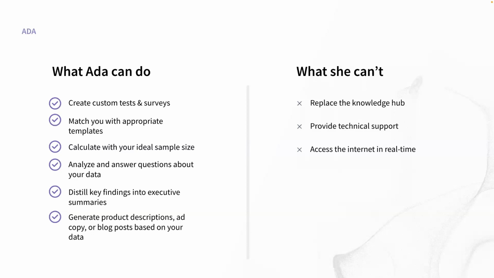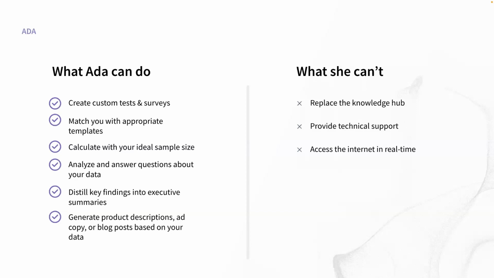Ada can help create tests and surveys completely from scratch, match you with appropriate templates, help calculate your sample size, analyze and answer questions about all the data that you receive from your respondents, summarize key findings, as well as generate product descriptions, ad copy, or blog posts based on the data that you have.